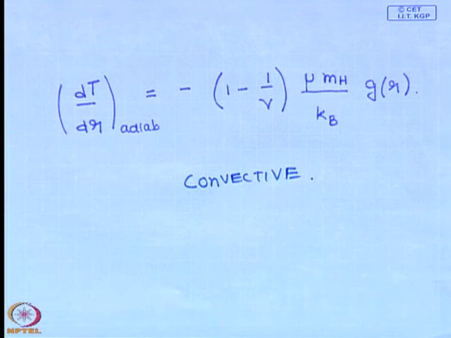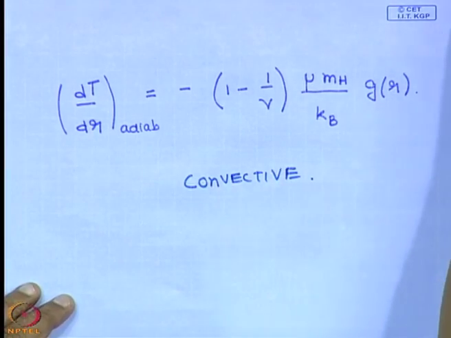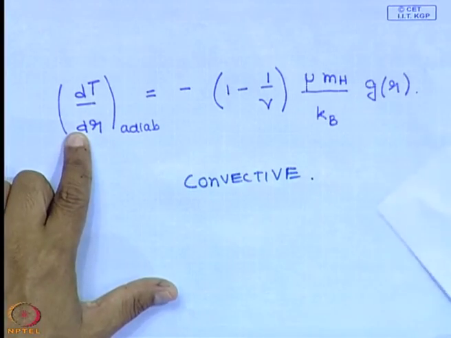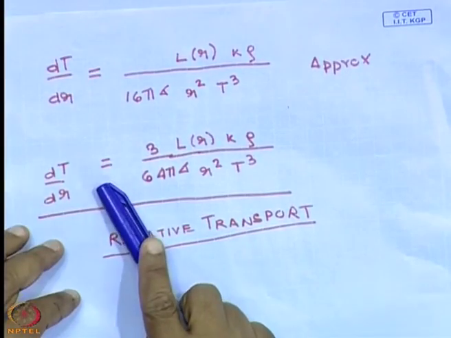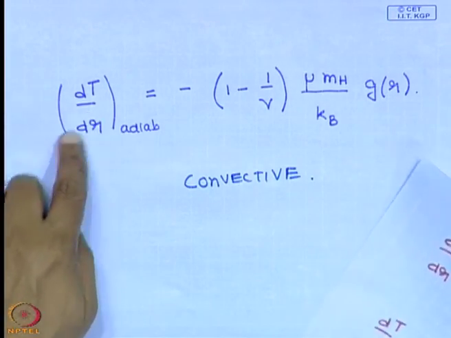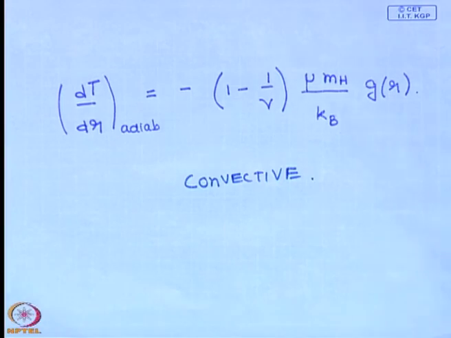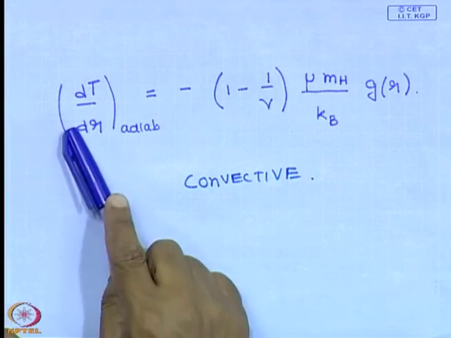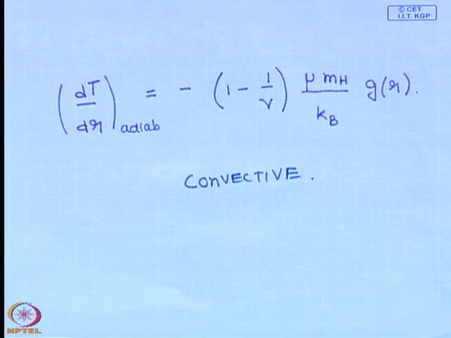Which of them you have to use is to be determined by seeing which one is larger. If this is smaller than this, then you have to use this. The moment this becomes bigger than this, you have to use the adiabatic temperature gradient, and we know that then convection has set in.